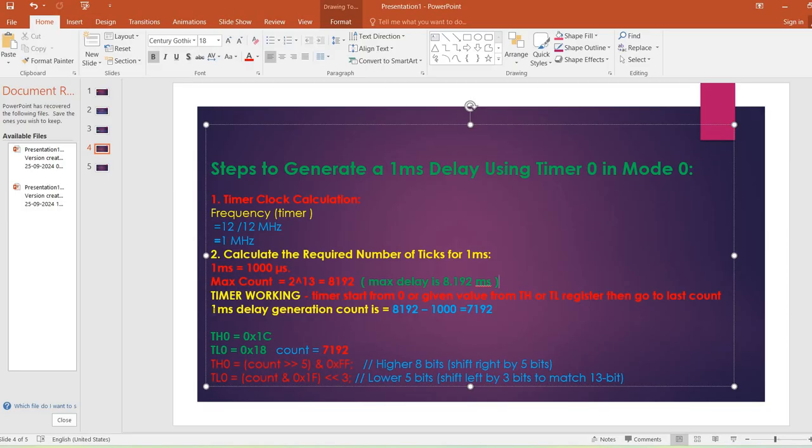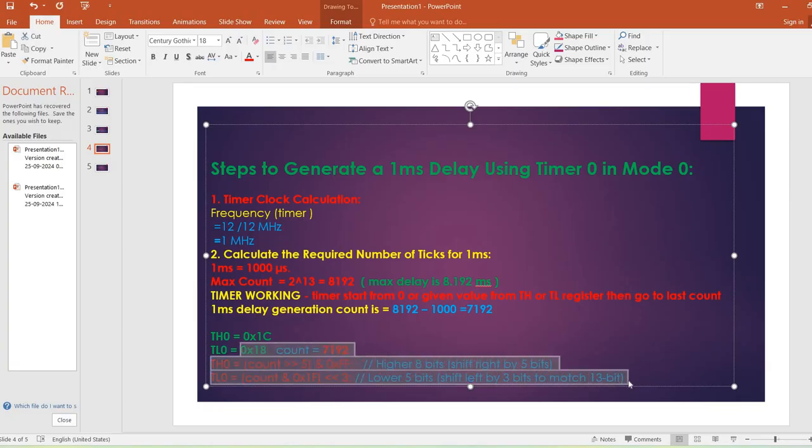In the case of a 1 millisecond delay, the count is 8192 minus 1000, so 7192 is the final count. This count will be loaded first into the higher register, then the lower register, split into 8 bits.